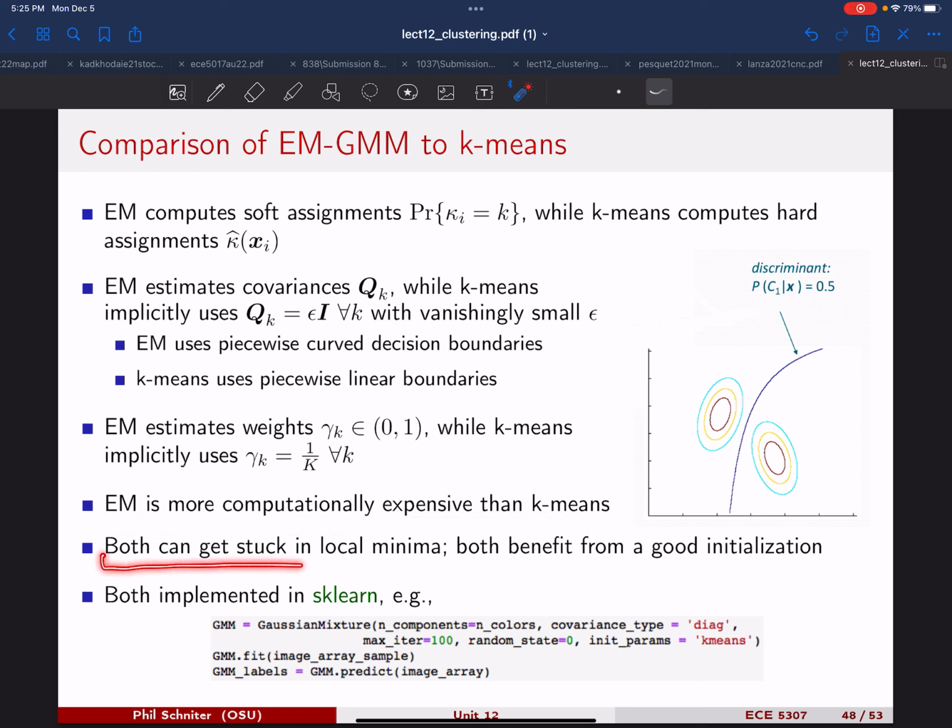Also, both of them can get stuck in local minima. Both benefit from good initializations, and both are implemented in scikit-learn. So in scikit-learn, there's this Gaussian mixture, and you just specify how many components and so on, how many iterations, how you would like to initialize it, and then you do gmm.fit, and then you can do gmm.predict to get the hard assignments.